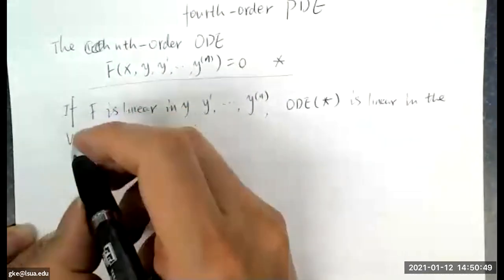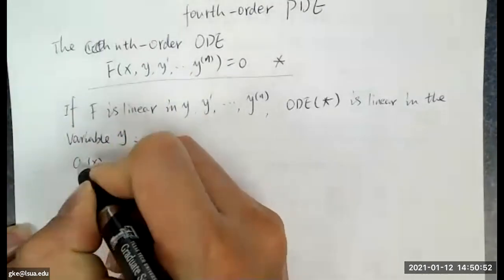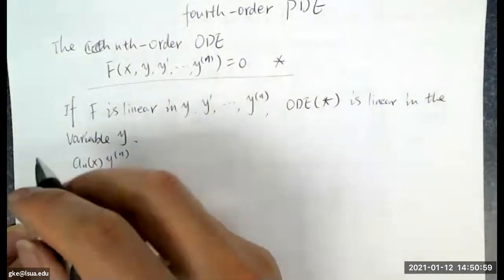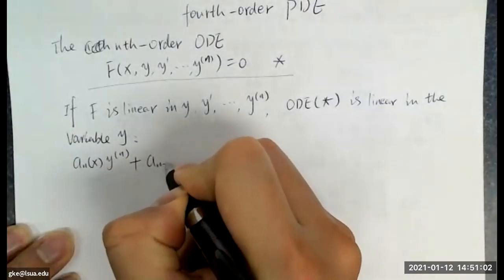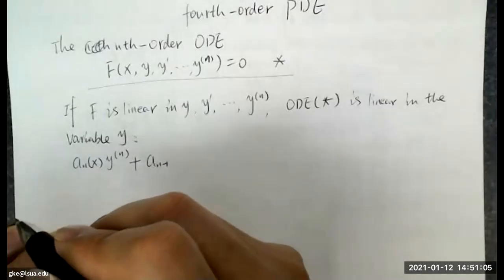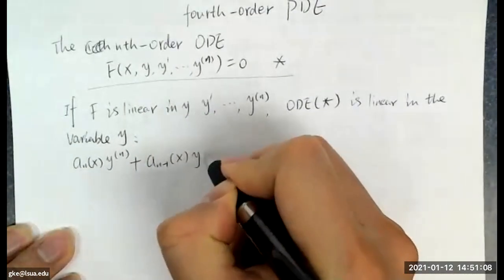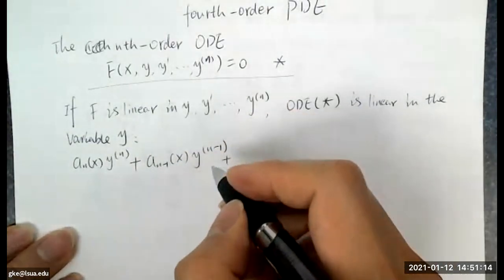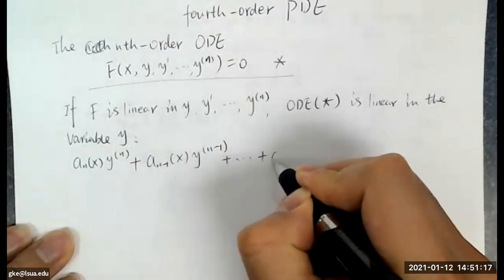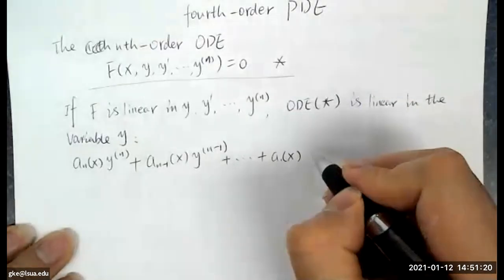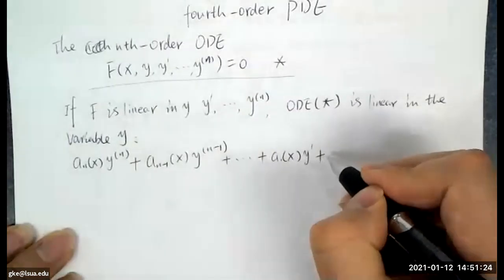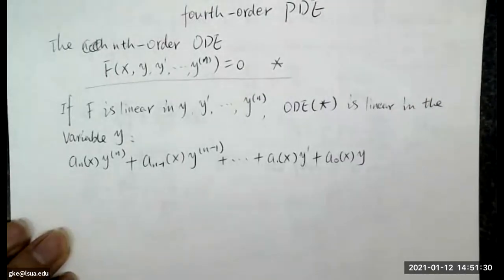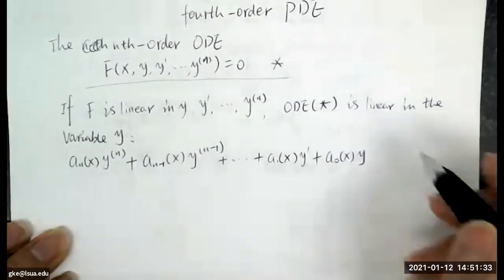The linear equation: a_n(x) y^(n) plus a_(n-1)(x) y^(n-1) plus ... plus a_1(x) y prime plus a_0(x) y equals g(x).